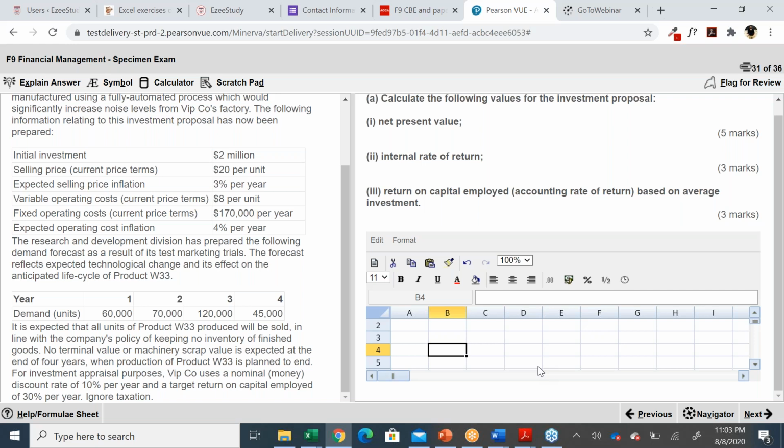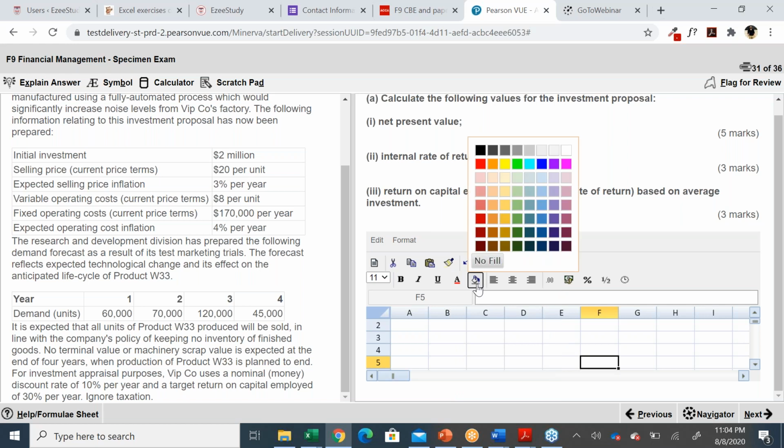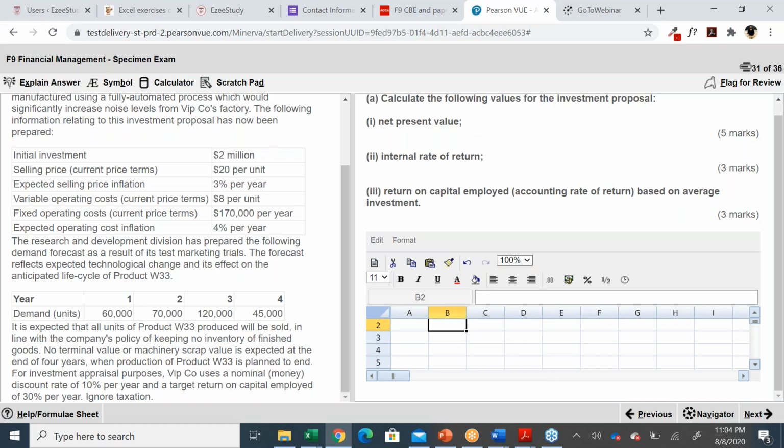Okay, let me explain few things that you can do with this limited level of spreadsheet. You can do some styling work, bold, italic, and underline. You can also color the text. So you may use headings with the color text, and choose a color of your own choice. You can also shade the cells, which will be very good if you are doing formatting of the columns or column heading.